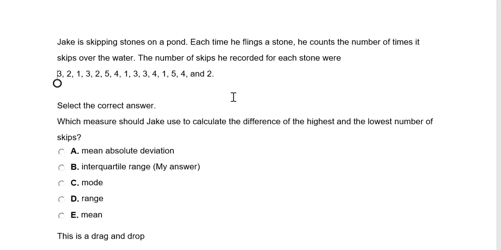Okay, so there's 15 times that he skipped and recorded the number of skips over the water. So we would just sum these all up and divide it by 15, and whatever you get would be the mean. But the correct answer in this case is range, because range is the difference of the highest and the lowest number in your data set, in this case, skips.